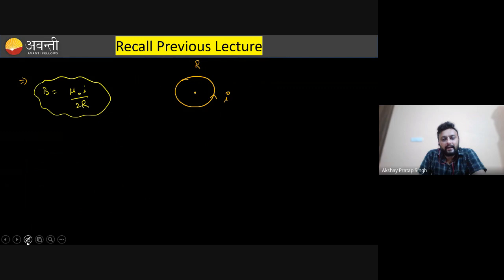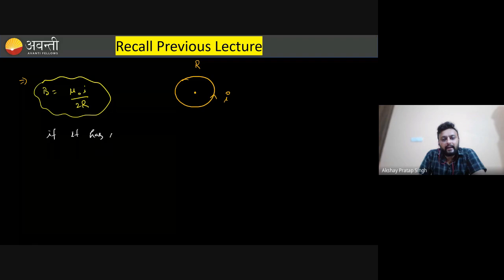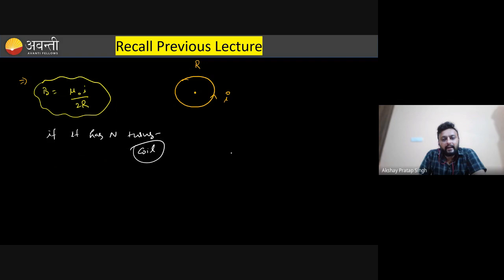Now, on the same note, we have completed one more topic. What if the loop has more number of turns, for example, N number of turns? Then it will be called a coil and it will look something like this. This is one loop, and there are more and more turns of this wire.